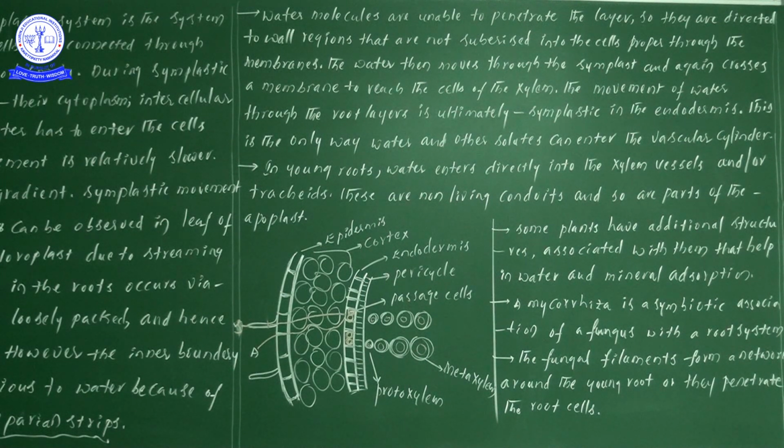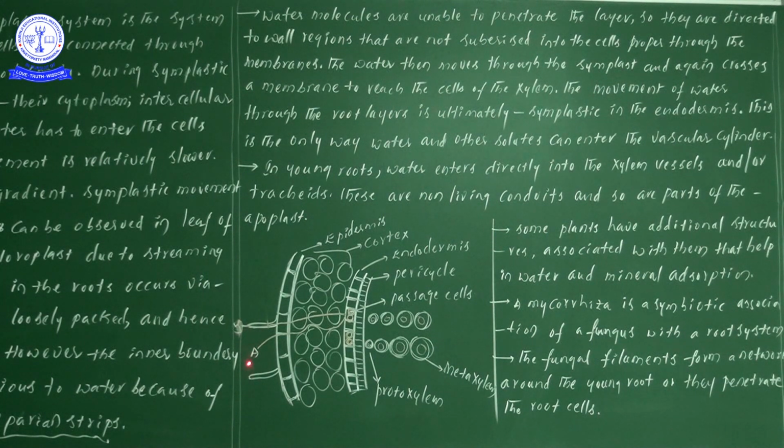My dear students, try to understand clearly. One more time I'll explain through the diagram. Here the symplastic pathway is there, where water molecules move through the cells, connected through the cells, and here the passage cells are there. Here also apoplast, A, I have written, because we are not having space.